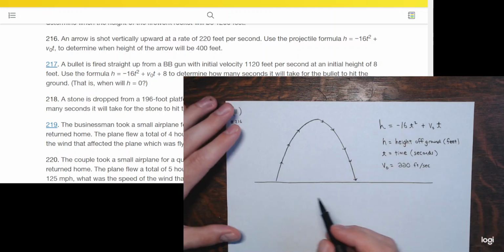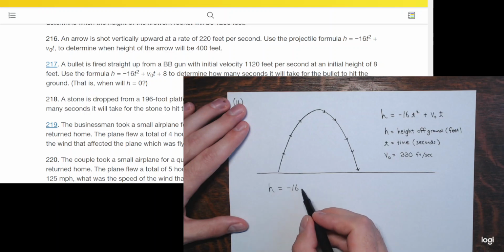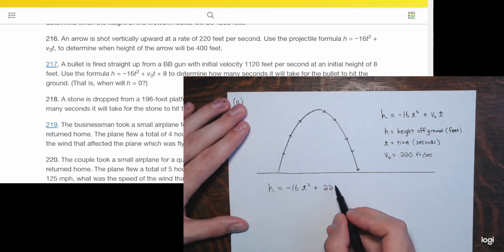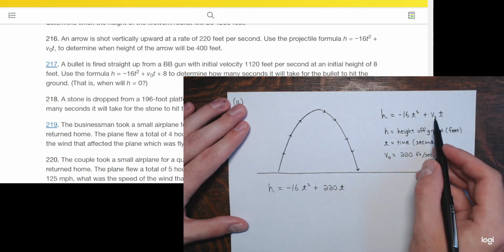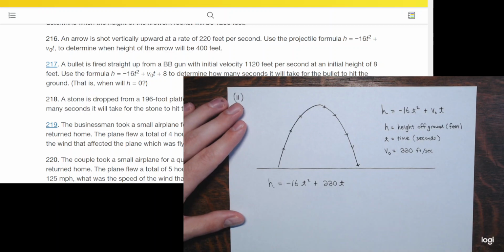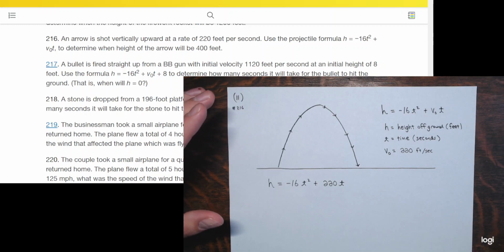So my formula here is now H equals negative 16 times t squared plus 220 times t. 220 is that v sub 0. Now the question is, when will the height of the arrow be at 400 feet?